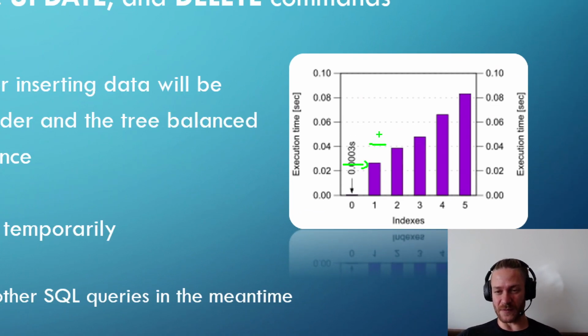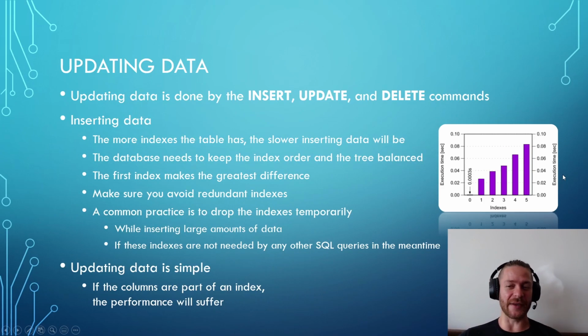This graph is very useful to consider adding a second index, because the first index is the most difficult and the most problematic. Updating data is actually very simple, because when you update data, sometimes the columns are not part of the index.